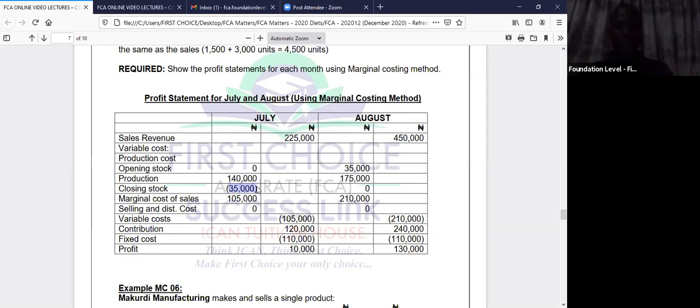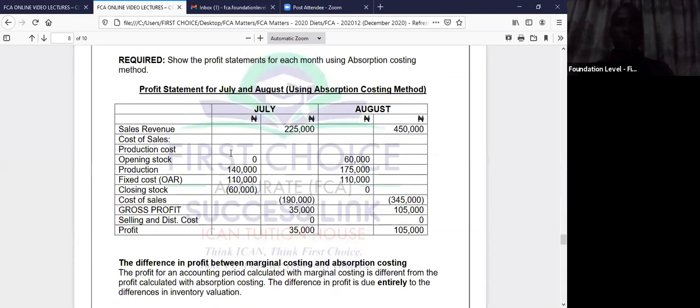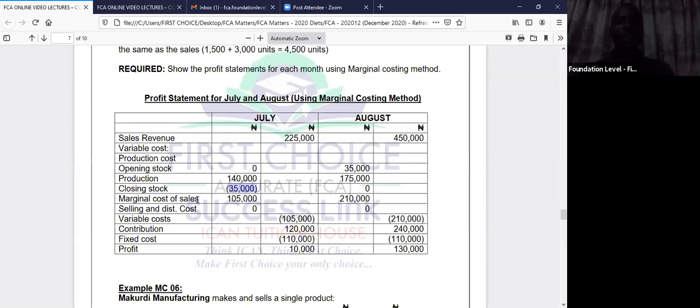If you have closing stock alone, can you see it is reducing your cost from 140 to 105? And in this case here, it is reducing your cost from 250 to 190. So it shows you that your closing stock tends to reduce your costs.